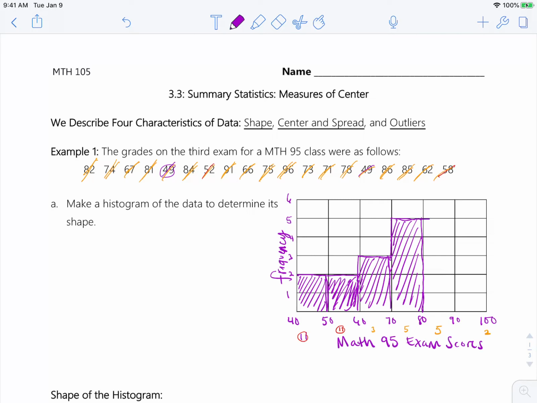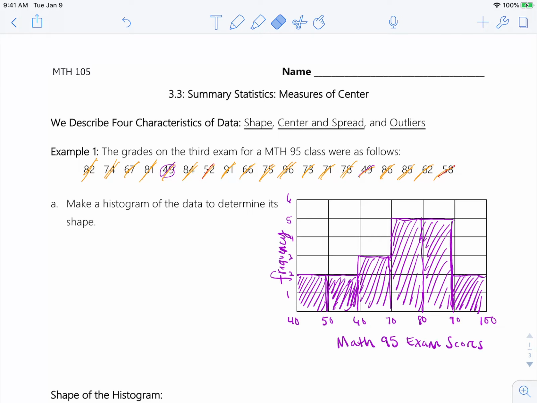Okay, another 5. And 2. Now let me go ahead and just get rid of this so you don't think it's part of the histogram. It's just a way to figure it out.